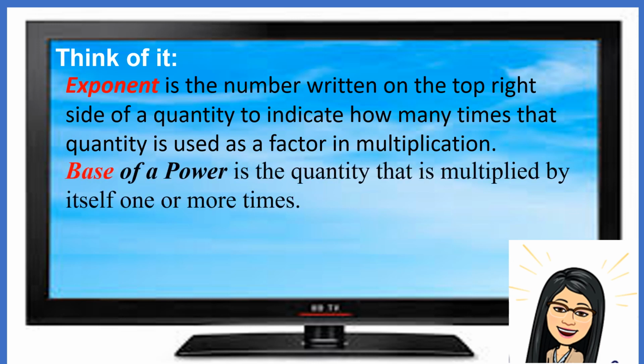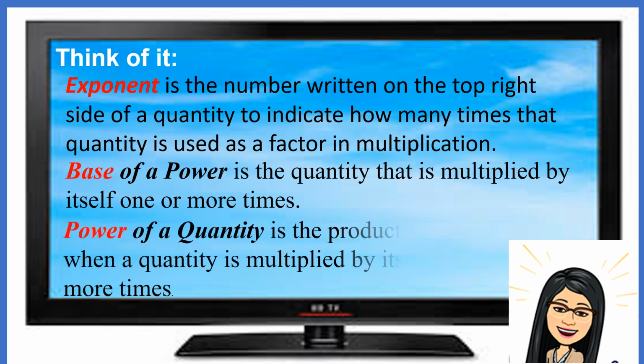The base of a power is the quantity that is multiplied by itself one or more times. Power of a quantity is the product obtained when a quantity is multiplied by itself one or more times. Sometimes, there are some misconceptions in using the term power as exponent, so avoid using the term power in reading exponent.